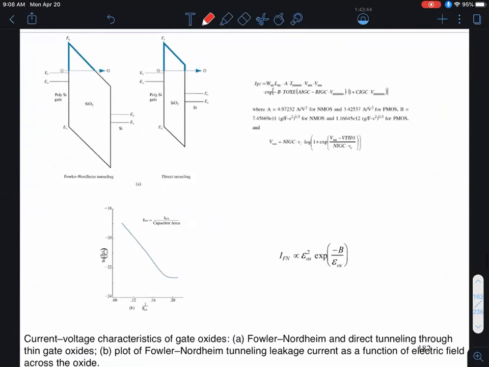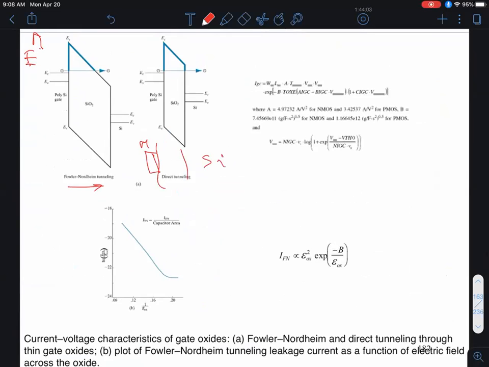So the physics of tunneling is shown by these band diagrams over here. Now I'm drawing the band diagrams the usual way, where energy points upwards, and this is position. If I look at the MOS structure, my gate would be over here. That's my metal gate. That's my oxide. And then I have my silicon over here.